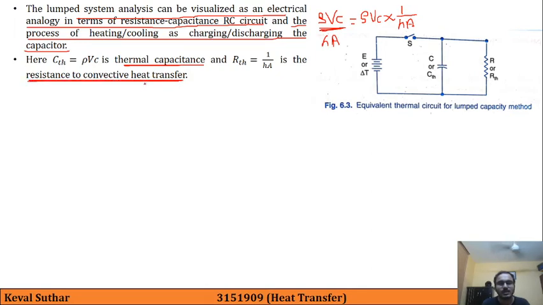Now why is it resistance to convective heat transfer? If you recall, Q is equal to hA delta T. So Q can be written as delta T divided by (1 divided by hA).